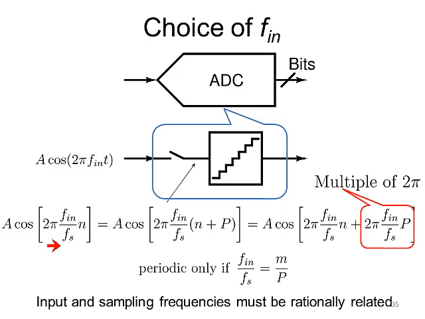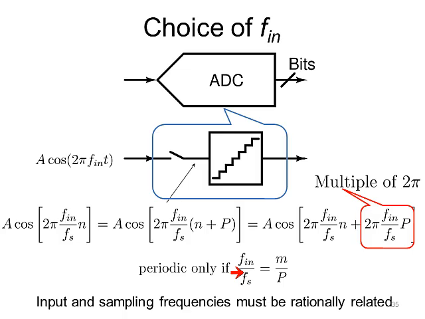This sequence is periodic only if 2 pi times Fin by Fs times P is an integral multiple of 2 pi. In other words, the discrete sequence that results from sampling a continuous time sinusoid is only periodic if Fin by Fs is a rational number.